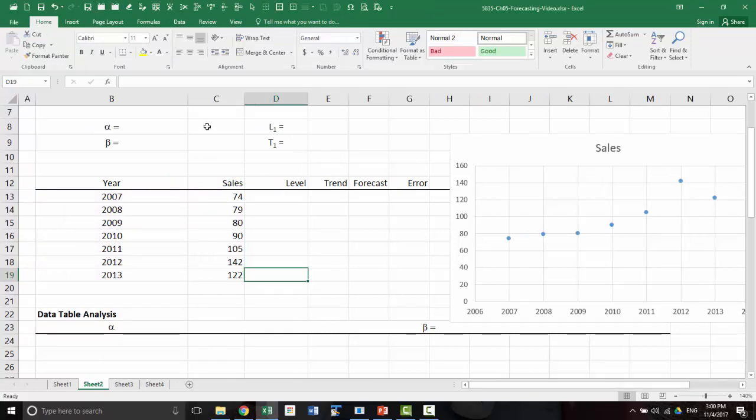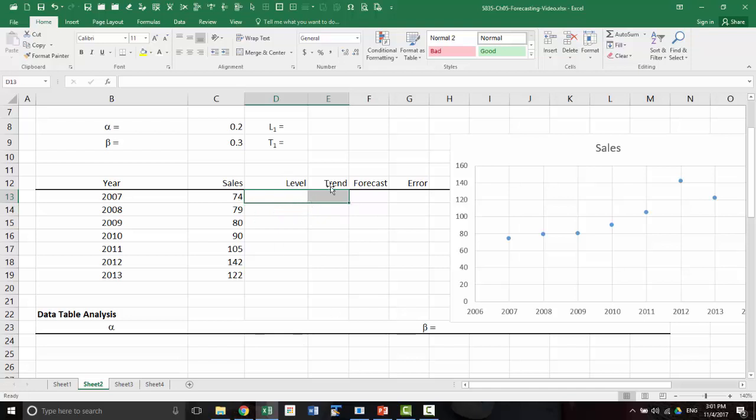Okay, so now let's assume 0.2 and 0.3 as initial values for alpha and beta, and we will do analysis with alpha and beta a little bit later. Once again, we need to, so to speak, prime the pump, so we need the very first L sub 1 and T sub 1, the first level and first trend.